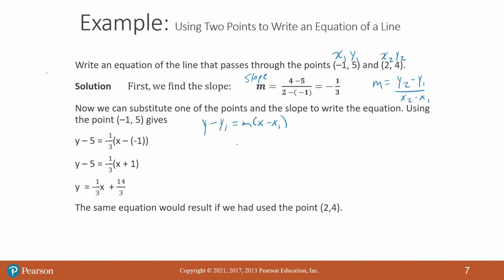That's all we're doing here. Y minus 5, because 5 is our y1, equals our slope, which is -1/3, times x minus x1, which is -1. This is our point slope form.